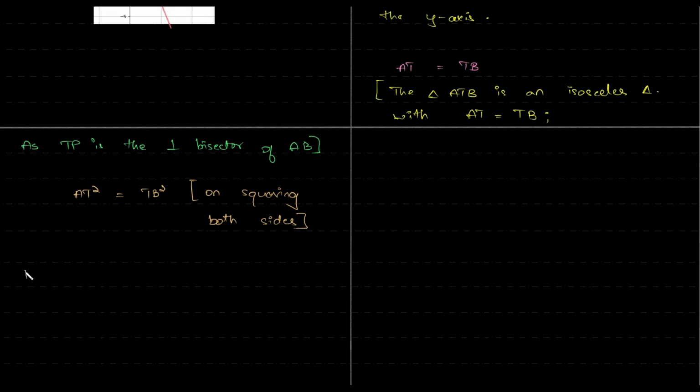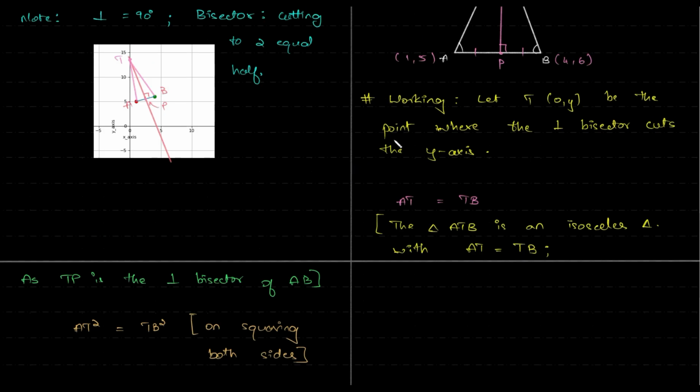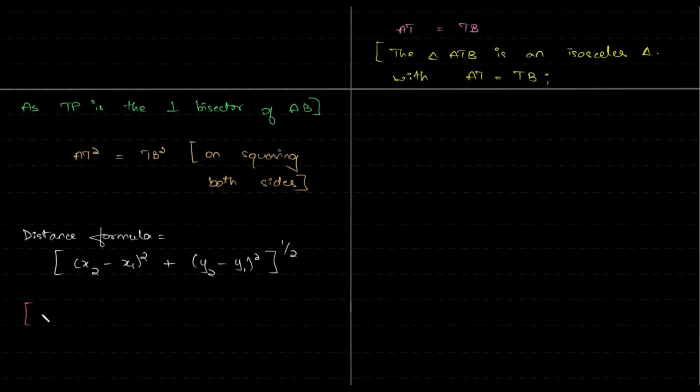That's it. So we have the distance formula, which is the square root of (x2 minus x1) the whole square plus (y2 minus y1) the whole square. Since we have squared both sides, the formula will be (x2 minus x1) square plus (y2 minus y1) square. So we have (1, 5) and (0, y), right?